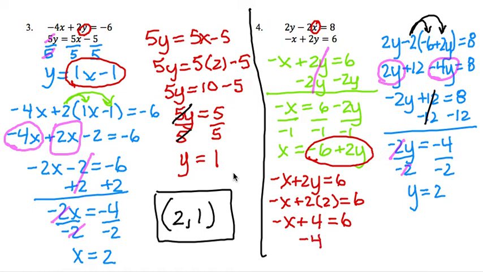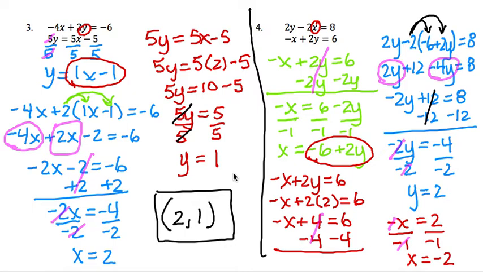I'm going to subtract 4 from both sides, which means that negative x equals 2. And then I'm going to finish by dividing by negative 1 on both sides. So these cancel. And I can say that x is equal to negative 2. So my point of intersection here, my ordered pair, would be x and then y. So negative 2, 2.